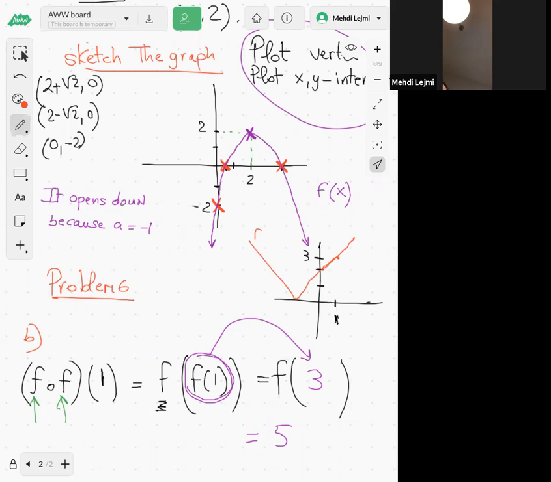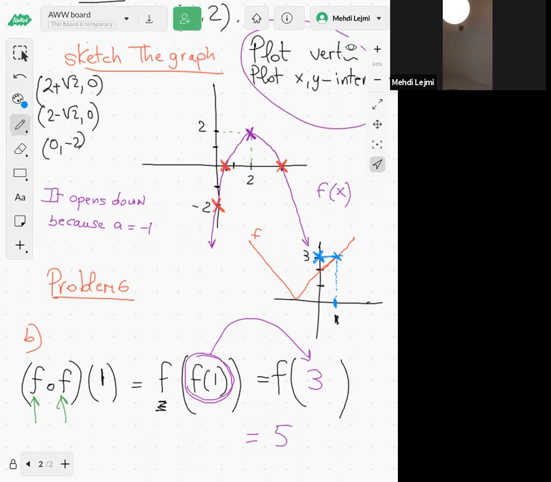This is my graph of f. Just forget about the graph of g. We don't care about g. So for f of 1, you start from x equal to 1. Use a vertical line, and then you intersect the graph. When you use this vertical line, it intersects the graph at this point. You see this point, guys? And the height, or the corresponding y, is 3. So that's why f of 1 is 3.